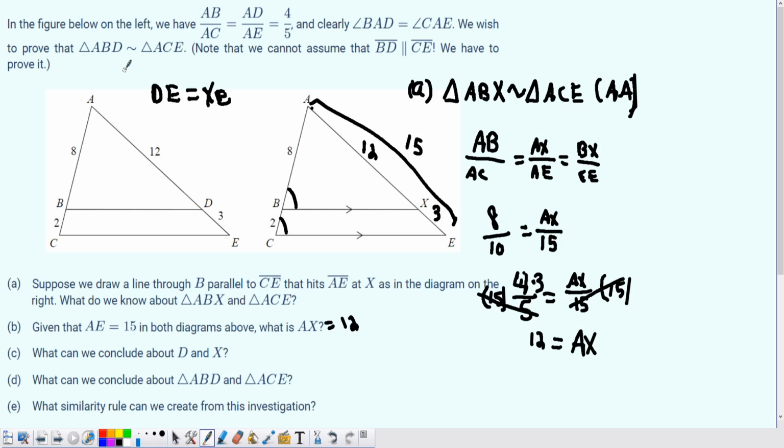And we know that AD is equivalent to AX. So what does that imply? It implies D and X are on the exact same location on the line AE. They are both, in fact, the same points.